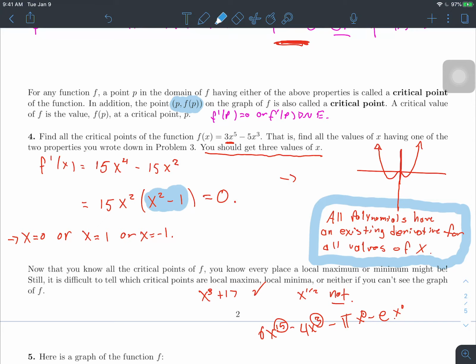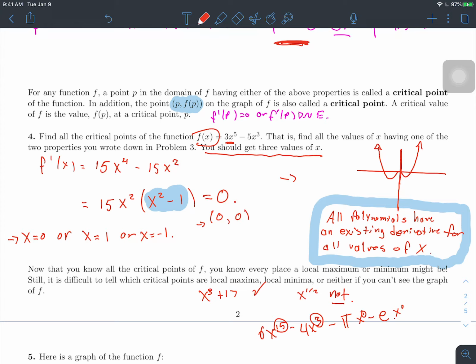Okay, so let's actually express the critical points here. So x equals 0. If we plug that into our original function, f of x, what are we going to get? We're going to get 0 back, right?